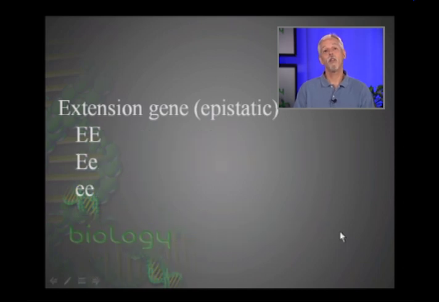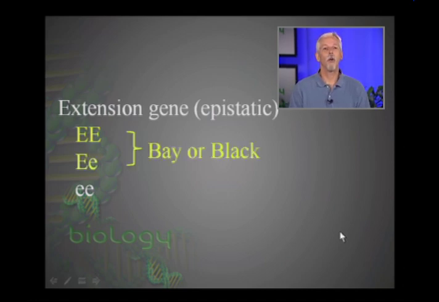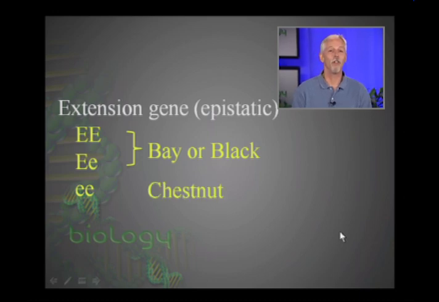As we look at the genotypes here, if the horse is homozygous dominant or heterozygous, it's saying, yes, you can function, agouti gene. The agouti gene can function, so go ahead and make either a bay or black horse. But if the horse is homozygous recessive, it's saying, no, I do not want the agouti gene to function, no black pigment being produced, therefore it's going to be a chestnut colored horse.